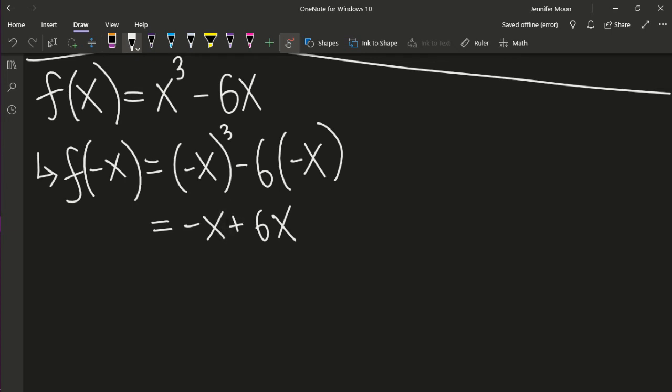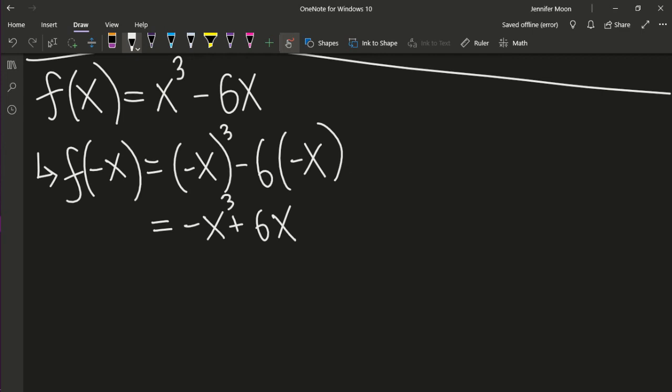And so looking at my signs, I would notice that, okay, I do now have a negative, I'm so sorry, that's a cubed. Keep your exponent. I do notice that my x cubed was positive, now it's negative, and my 6x was negative and now it's positive.